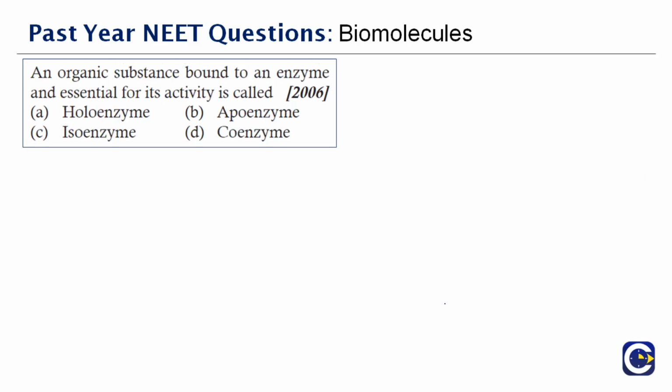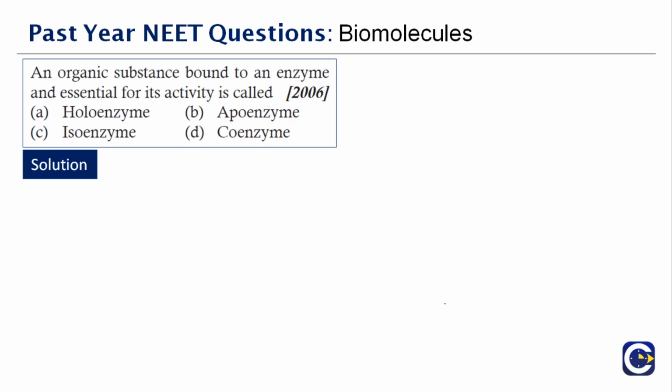Next question. This question was asked in the year 2006. Let's read it here. An organic substance bound to an enzyme and essential for its activity is called dash. You have 4 options here. An organic substance bound to an enzyme. I think all of you by now would have guessed.